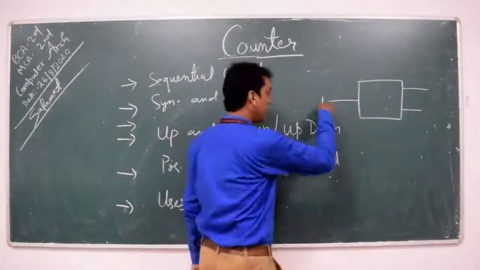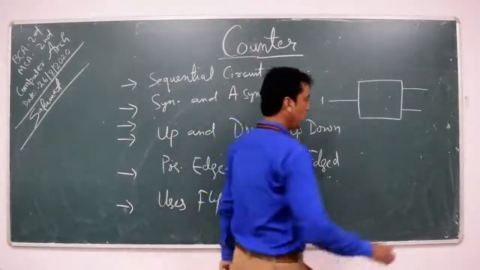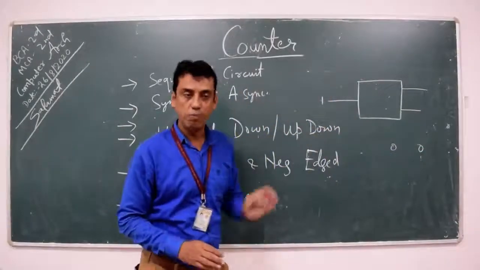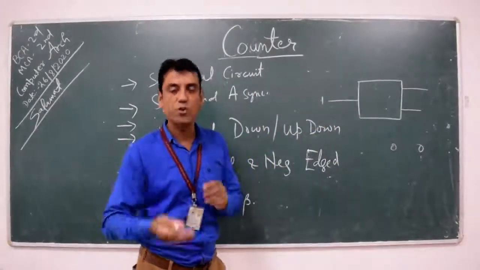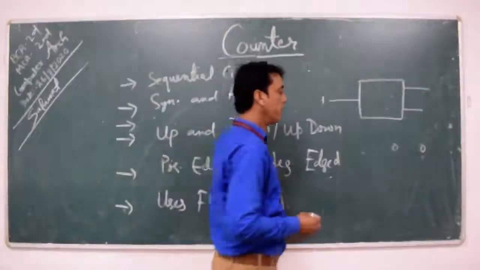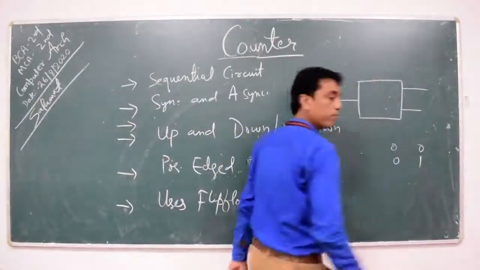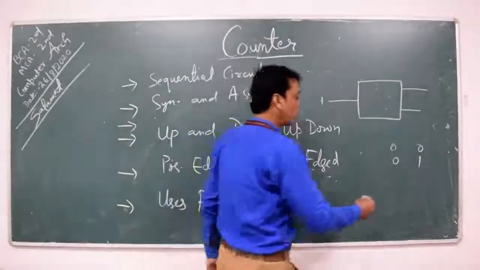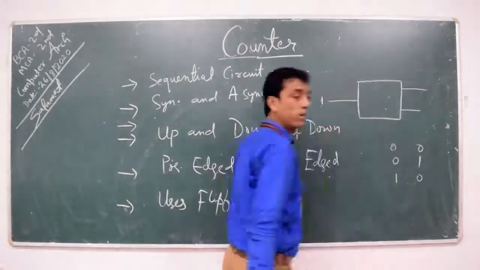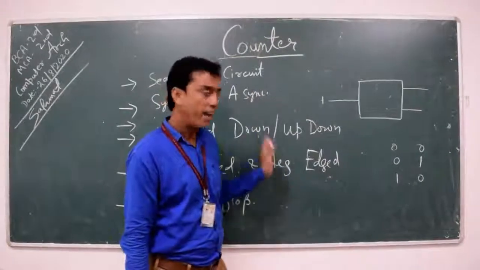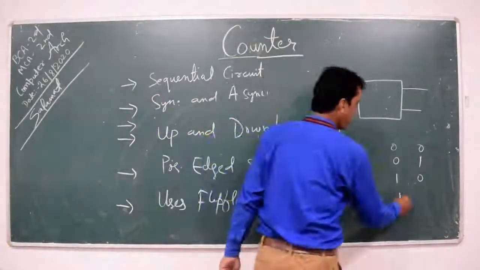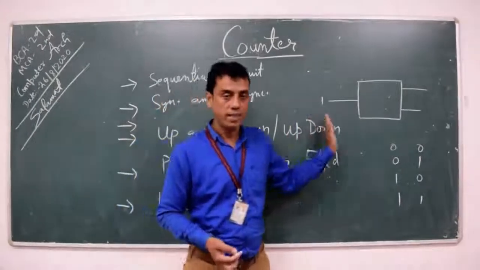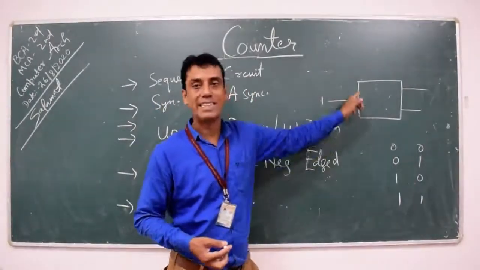When you trigger this counter, it produces 0, 0. Now, again you trigger the same circuit. Now it is producing 0, 1. You trigger it again. Now it is producing 1, 0. Again you trigger it. Now this counter is producing 1, 1. This is the output of this circuit.